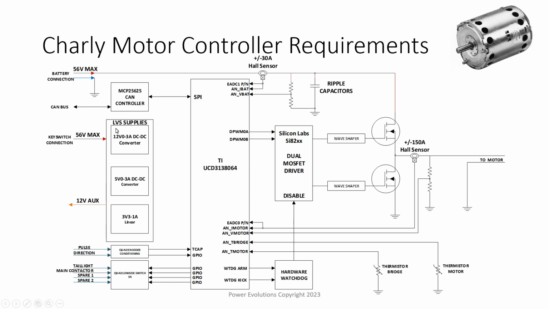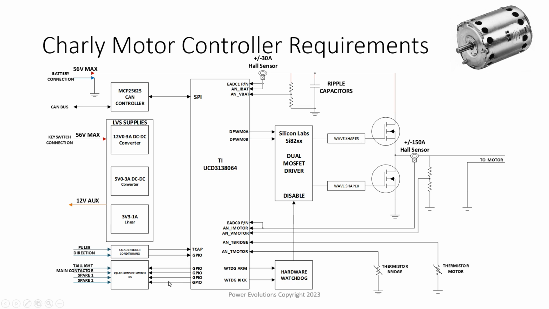Obviously there are the basics. This chip does not have CAN native, so we need to add a CAN controller onto it. We also need DC-DC power supplies that convert the 56 down to something useful, so we need 12, 5, and 3.3. The rating on the 12 is because we're going to be driving the rear LED brake light, and it'll probably need to drive some other loads that I haven't determined yet.